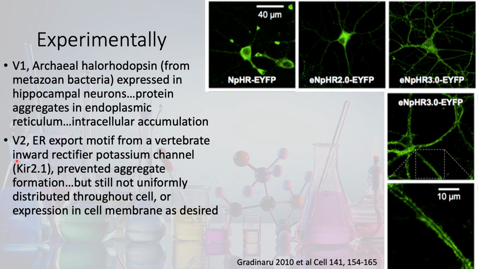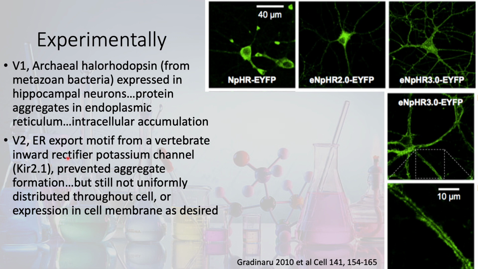They took the endoplasmic reticulum export motif from this protein and edited the DNA segment, so now we have this partial archaeal halorhodopsin DNA segment and then this partial vertebrate inward rectifier potassium channel DNA sequence, right?